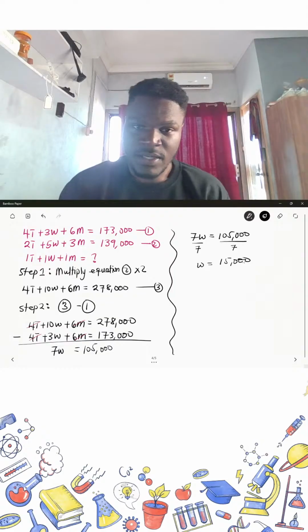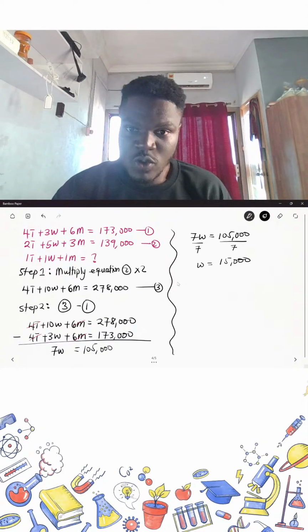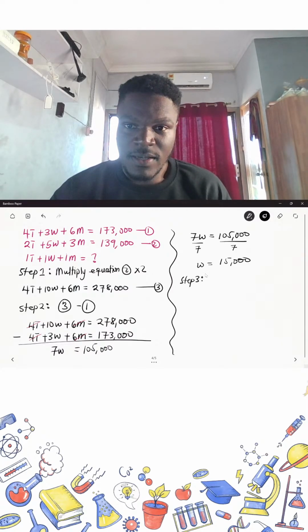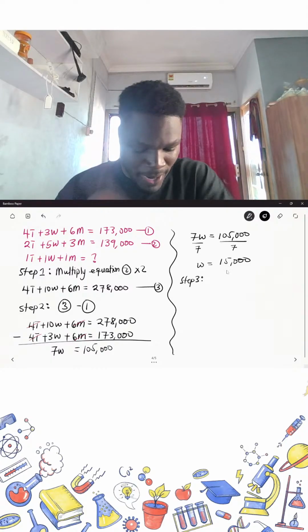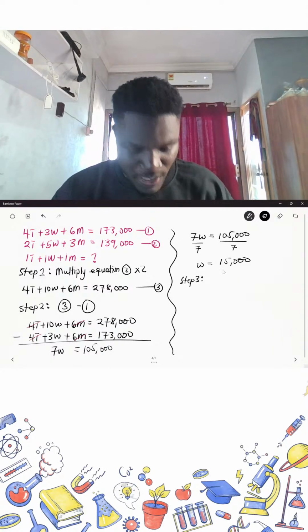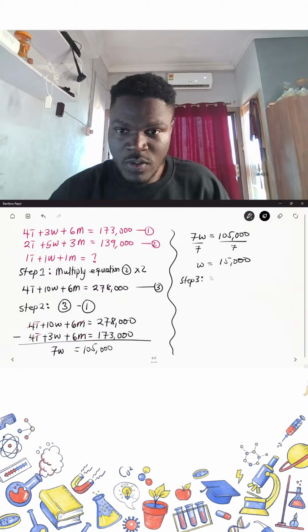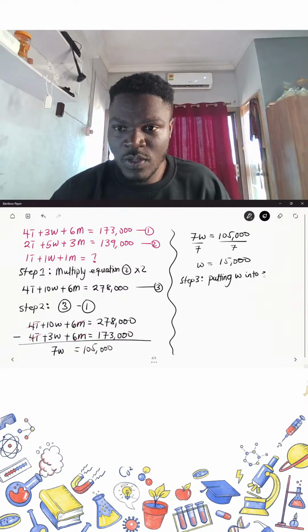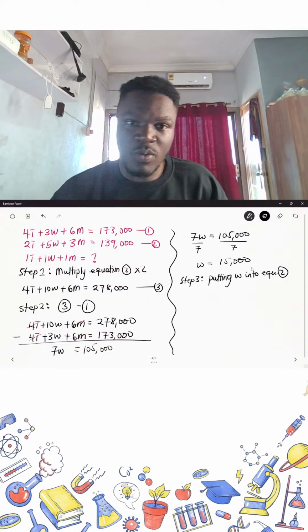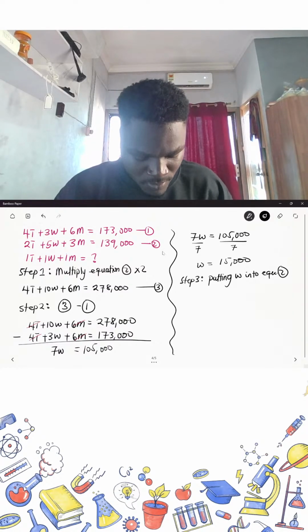Okay, very good. Now that we have the value for W, the next step is step 3: put the value of W back into equation 2. Are you okay? We are putting the value of W back into equation 2.